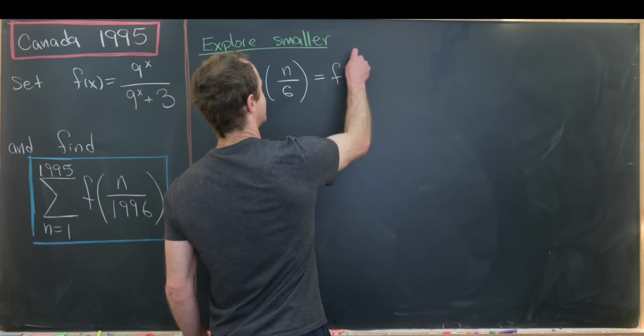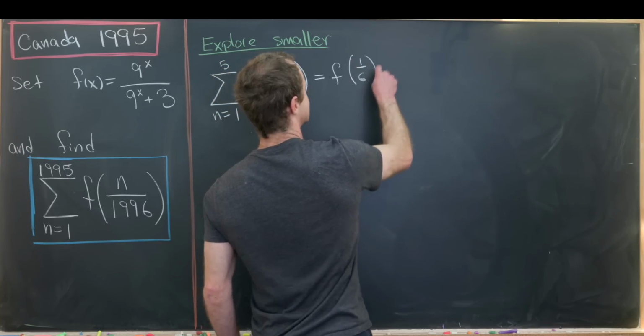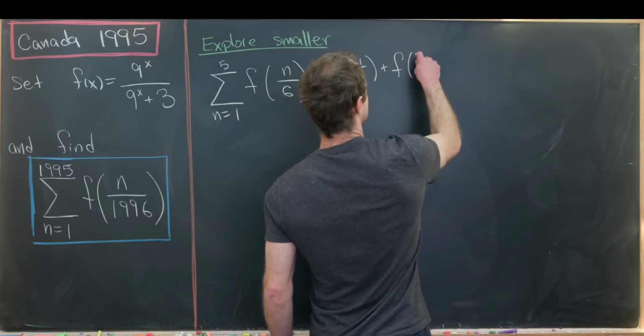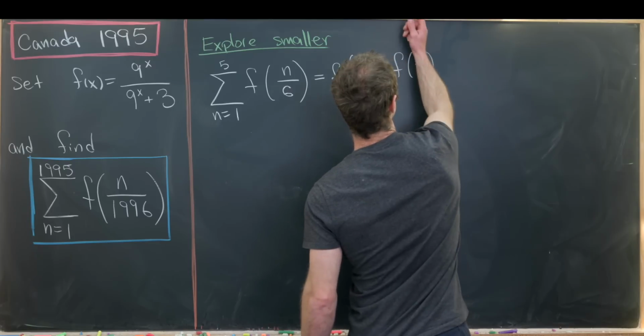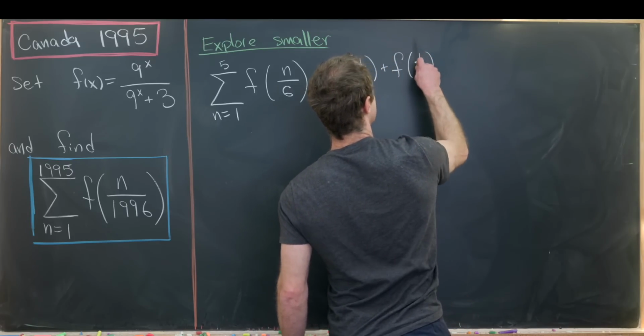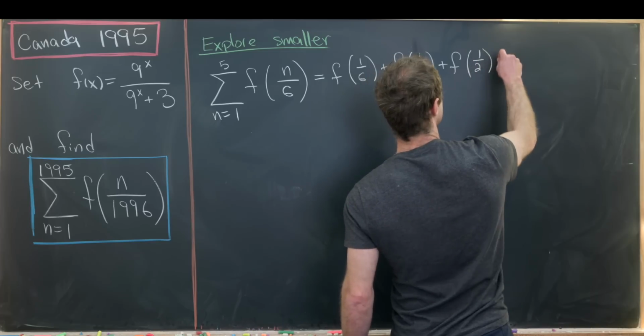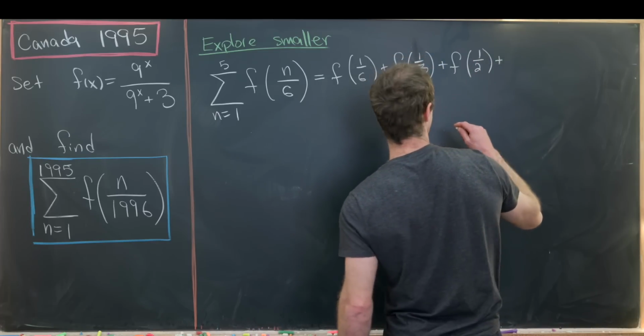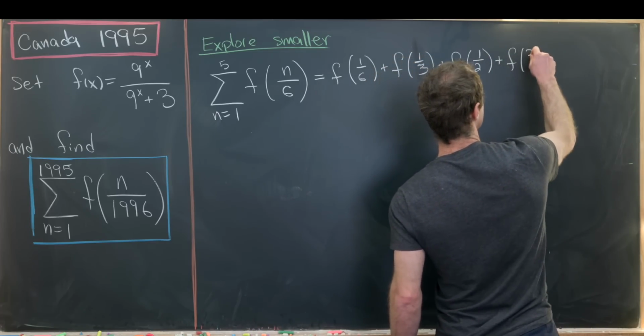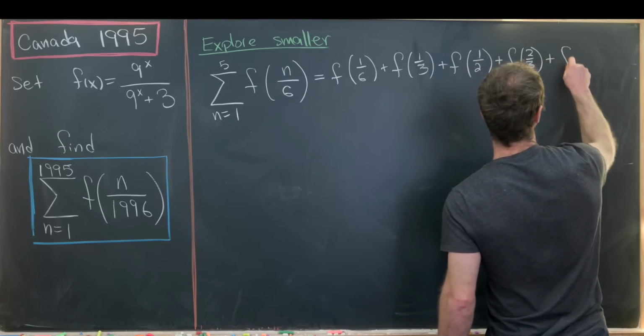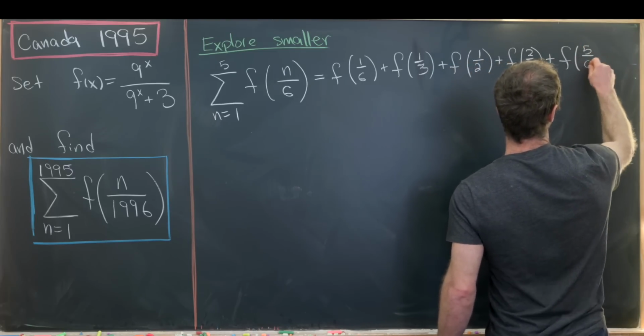This is going to be f of 1/6 plus f of 2/6, which is 1/3, plus f of 3/6, which is 1/2, plus f of 4/6, which is 2/3, and then plus f of 5/6.